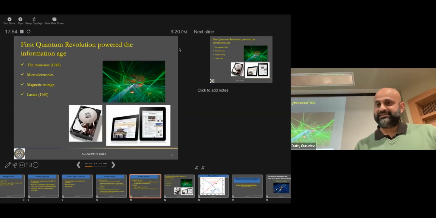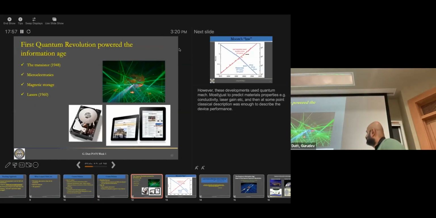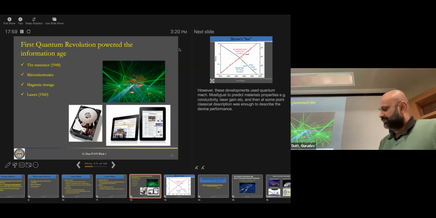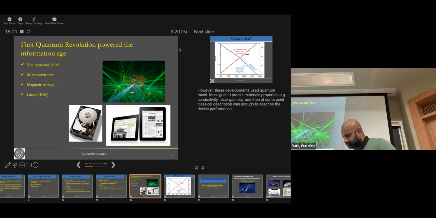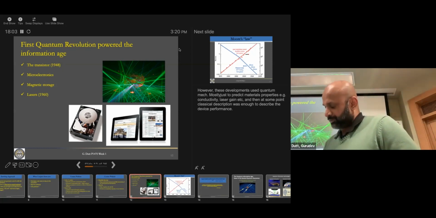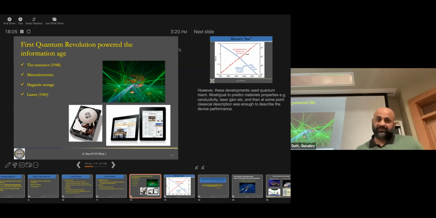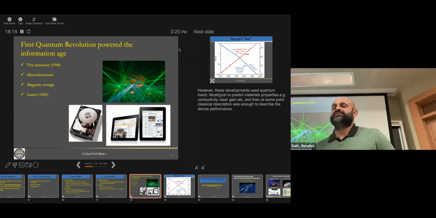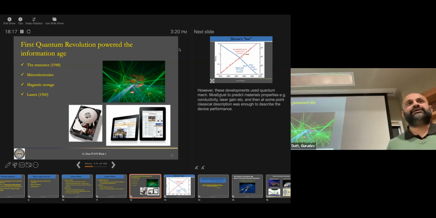So let's get started. Most of you may or may not be aware, but we already have had one quantum revolution, starting in the 1920s when physicists began to understand what happens at very small length scales with small objects like atoms, electrons, photons, and so on.